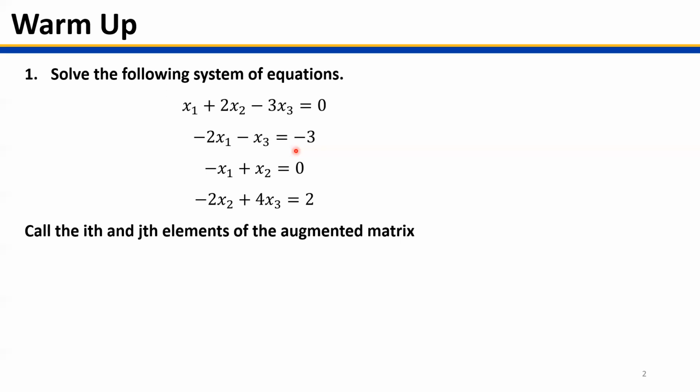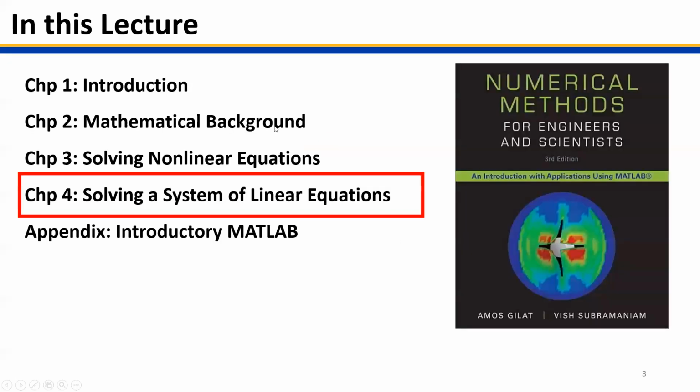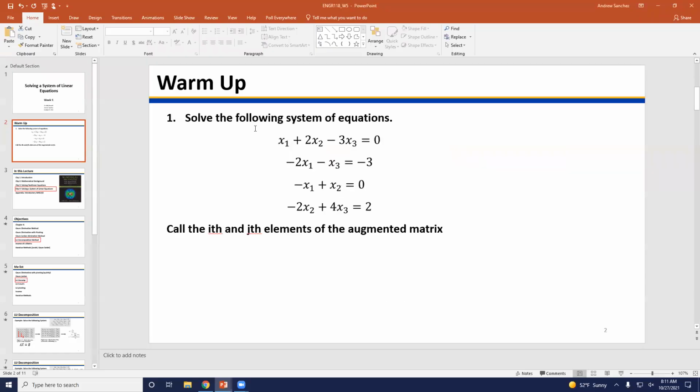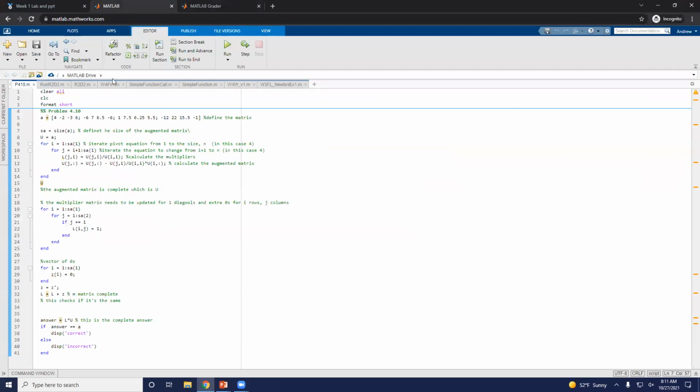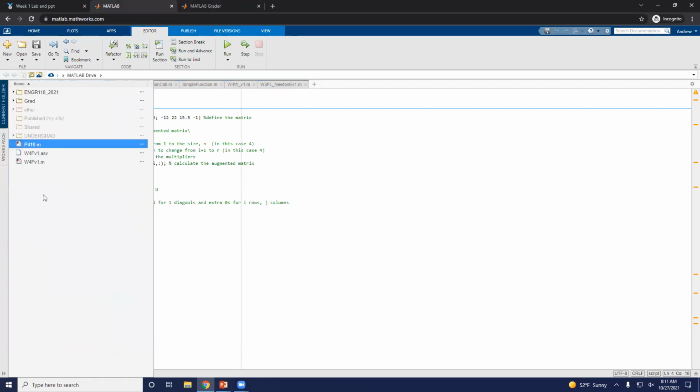So let's go ahead and review how to solve this system. Let's just open up MATLAB Grader. The nice thing about MATLAB, right, is we can have our code from previous codes, and then we can adjust them, right? So let's see.